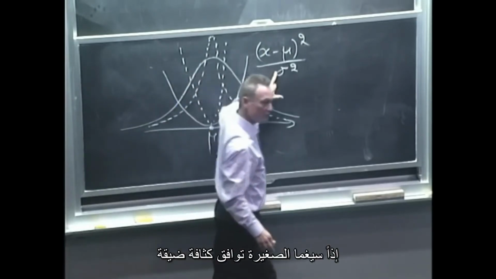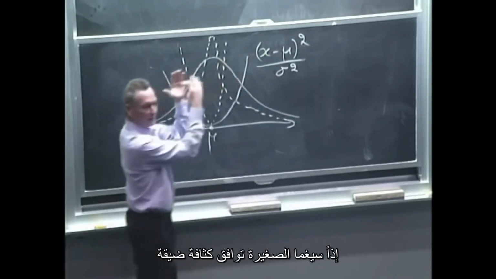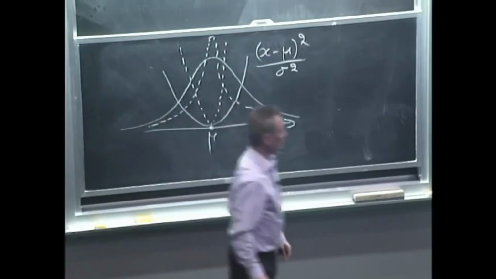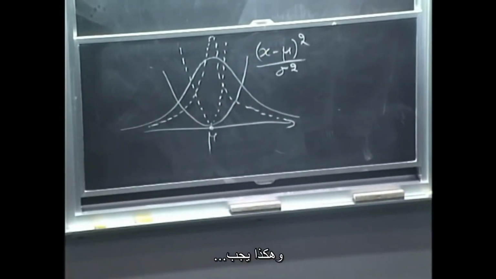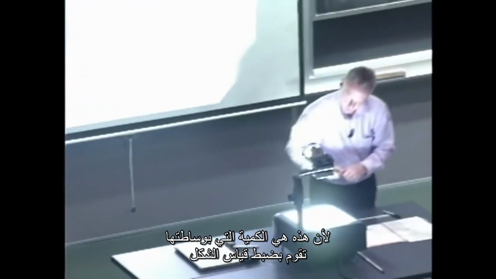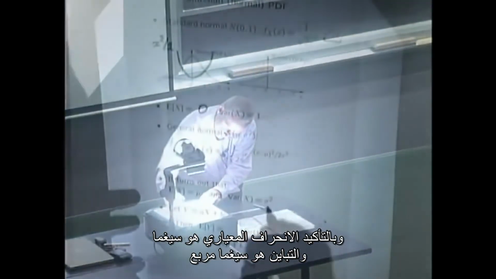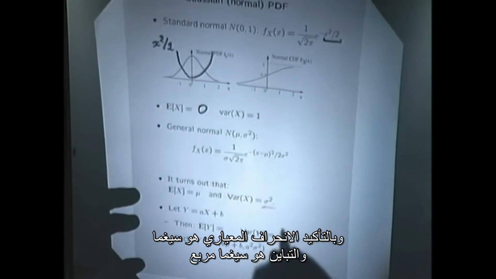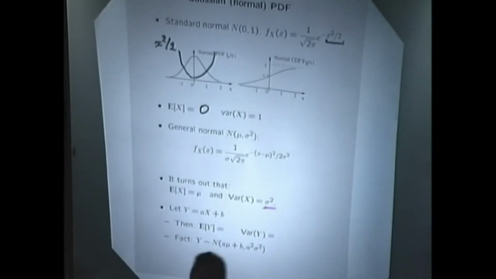So small sigma corresponds to a narrower density. And so it should be intuitive that the standard deviation is proportional to sigma, because that's the amount by which you're scaling the picture. And indeed, the standard deviation is sigma, and so the variance is sigma squared.